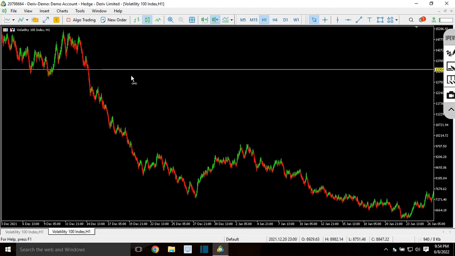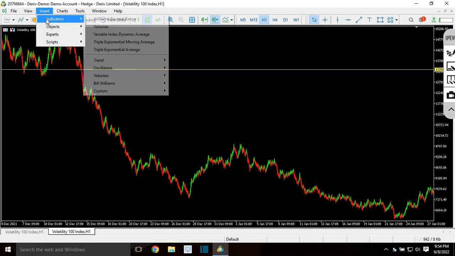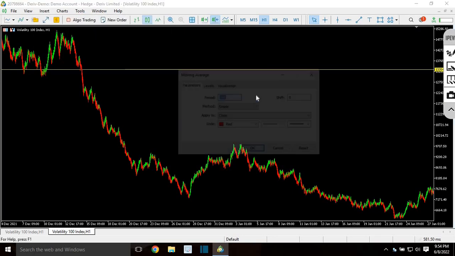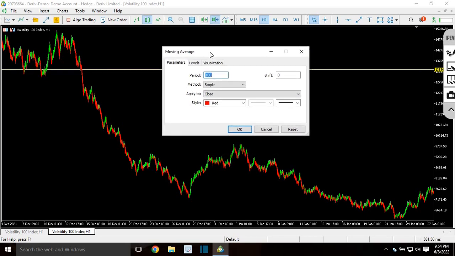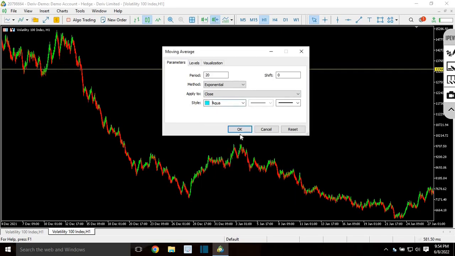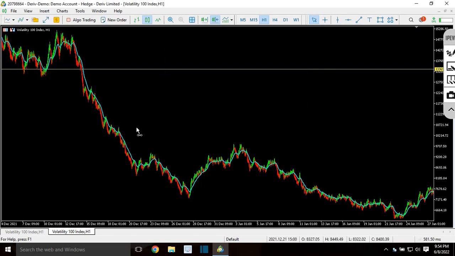So what we are going to do is head over to insert indicator and on trend, put moving average. And right now we are going to put an exponential moving average 20, method exponential, and color we are going to call it maybe aqua. Okay.